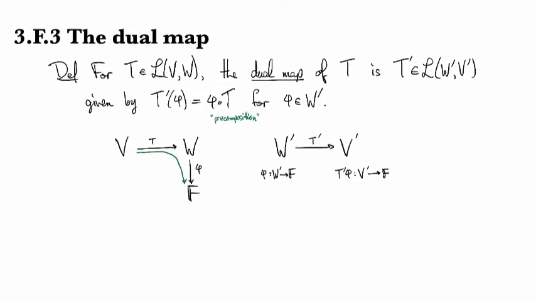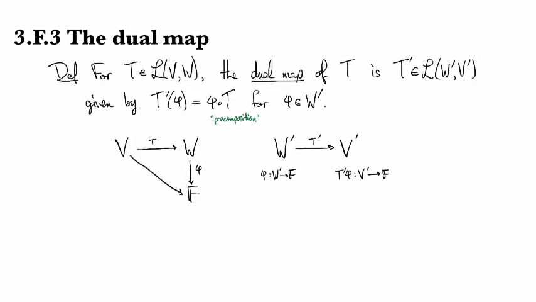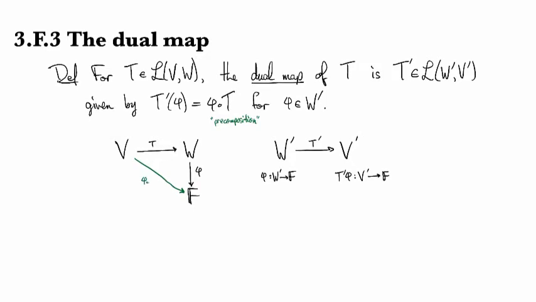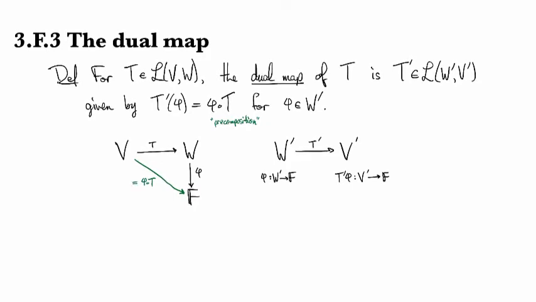So we're doing T first and then phi. And so that gives us a map from V to F. I like green, let's stick with green. Oh, except I don't like green when it's bendy. There we go, that's slightly better. So this guy right here is going to be our phi of T. And that is how we define T prime.